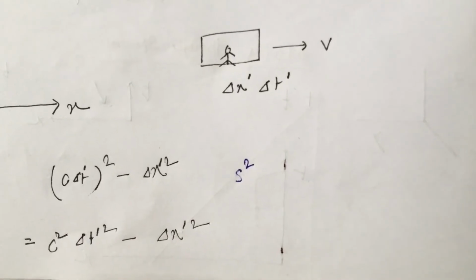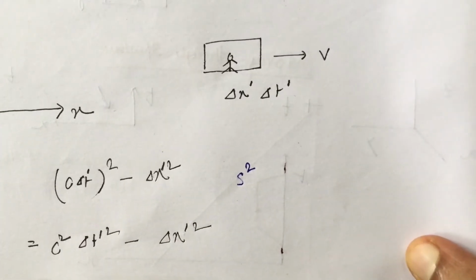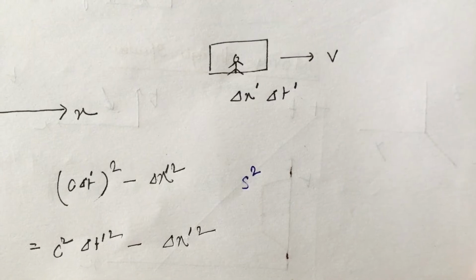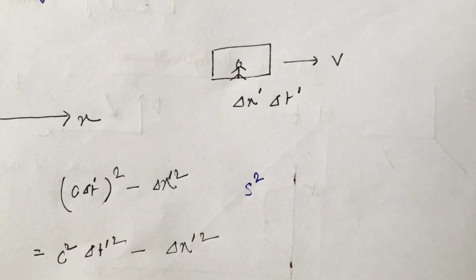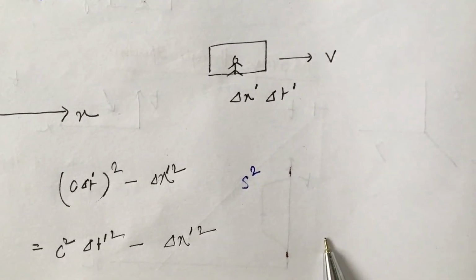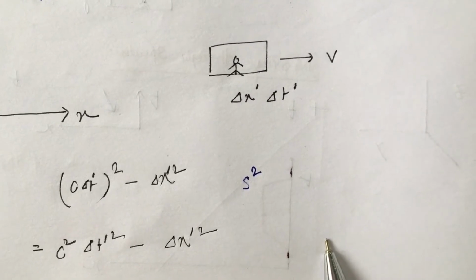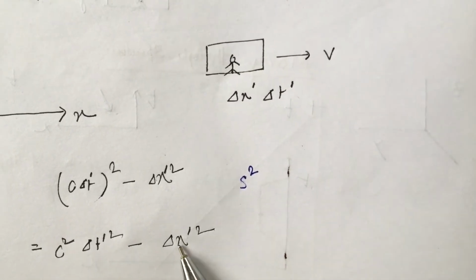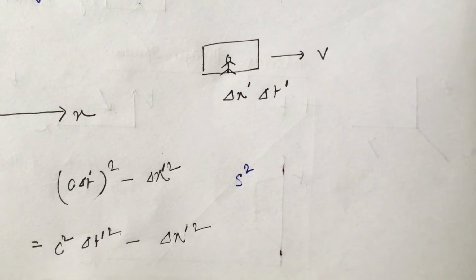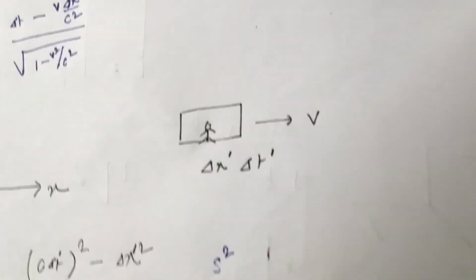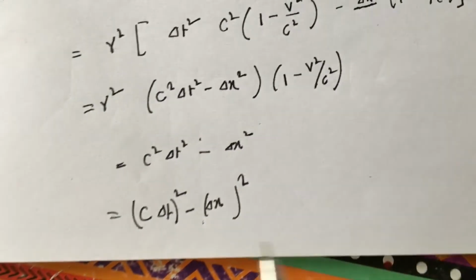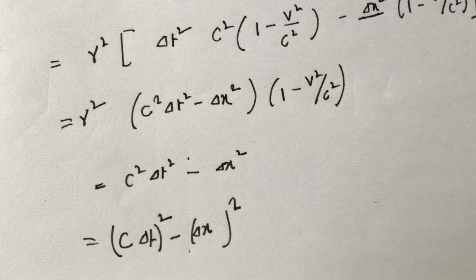So we have already told you that s square is independent of the reference frame we have chosen to measure the position and the time interval. So s square is an invariant quantity.